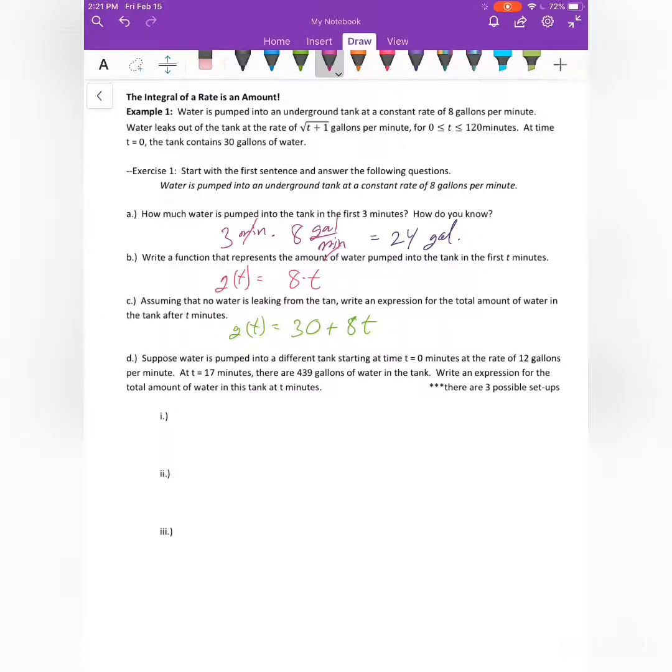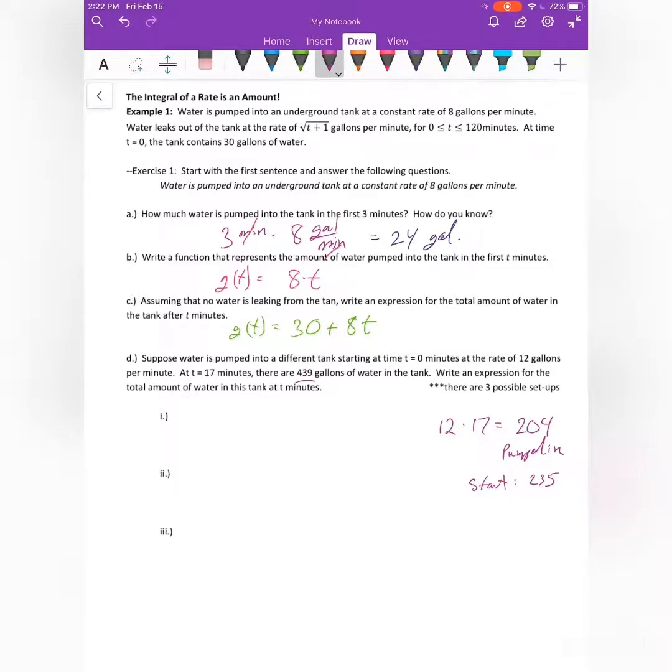So I took advantage of what we just did. I did some math and I said, well, if we do 12 gallons times 17 minutes, that'll tell us how many gallons were pumped into the tank during those 17 minutes, and that's only 204. So that's pumped in. So if there are 439 gallons at 17 minutes, then you just do some subtraction, and the starting amount is 235, if I'm correct.